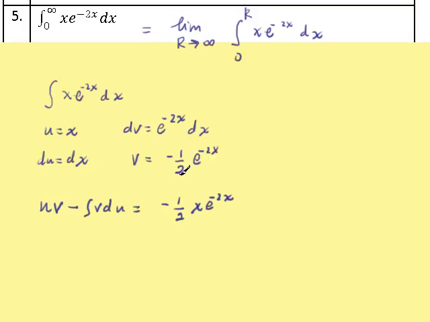We have two negatives here, so I'm going to make that plus 1/2 integral e to the minus 2x dx. All right, now let's do that second integral. Here we have a 1/2, and then a minus 1/2 comes out in front, so that's going to be a minus 1/4.